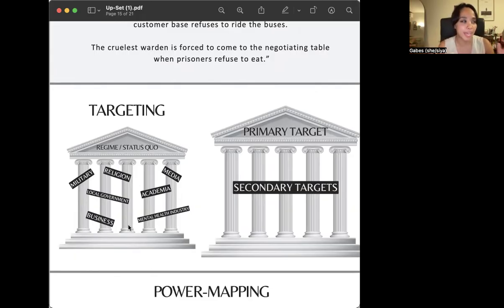We can't always just throw the slogan undo oppression or dismantle, because it feels so overwhelming since it's such a big ecosystem. So to make it feel less overwhelming, it's important to dissect and map out the pillars that hold the regime.